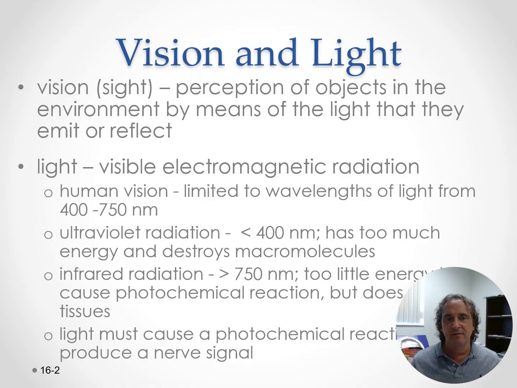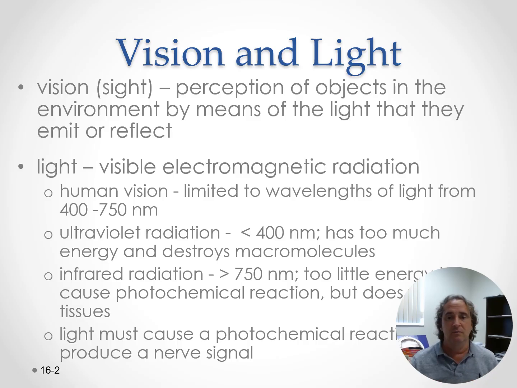The wavelengths of light that we can see is anything above 400 and anything below 750. So what we see as light is only a very, very narrow wavelength of light, because we only have 3 different cones that absorb different wavelengths within that narrow range of 400 to 750.